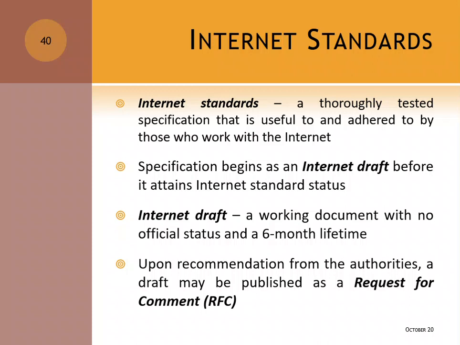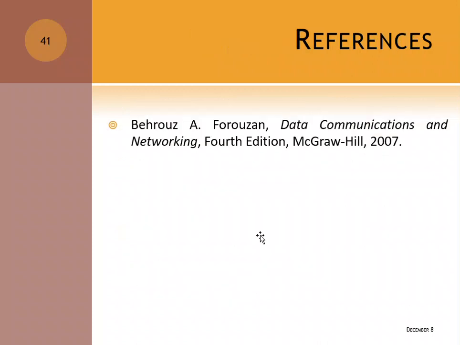Dia bermula dengan internet draft dengan jangka hayat 6 bulan dan daripada recommendation daripada pihak berwajib ataupun yang berkenaan, dia akan dipublish sebagai request for comment, dan daripada request for comment itulah dia akan consider comments, and then barulah dia boleh menjadi internet standard. Okay, so by that we finish our first chapter.